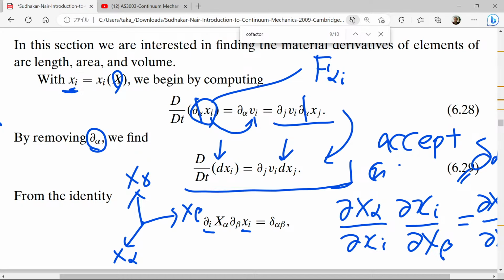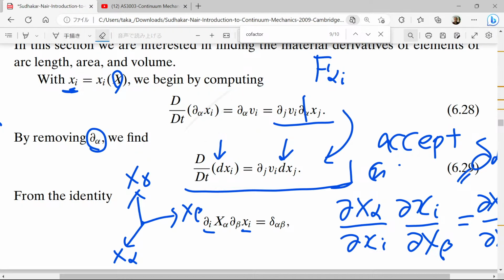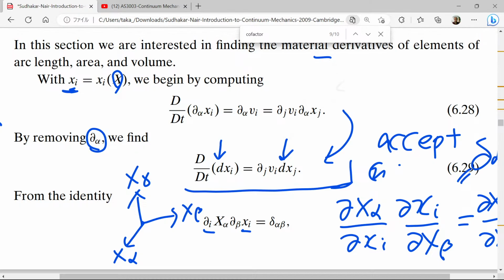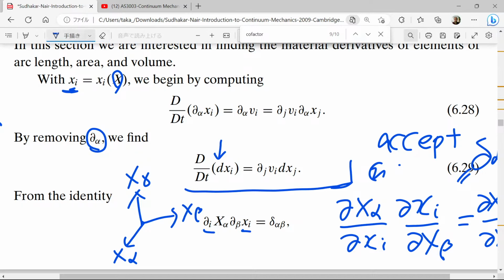So this part is a problem. I didn't get this part. What is this? We have j. This is more like we change, right? We have to change partial x alpha.